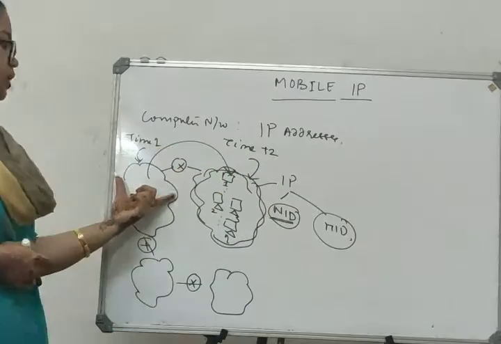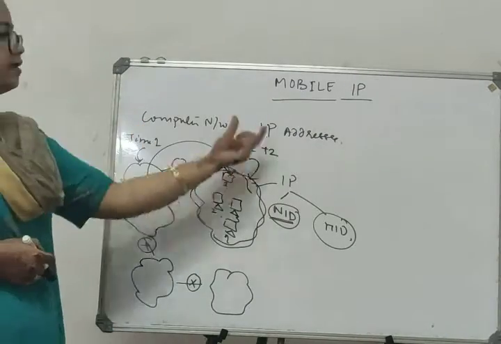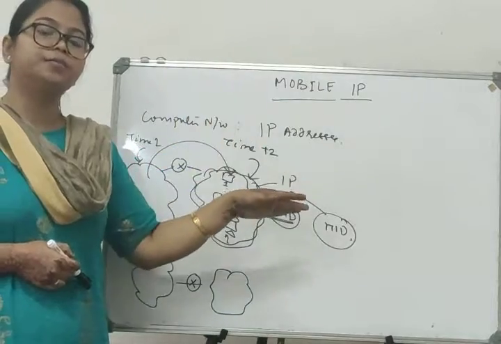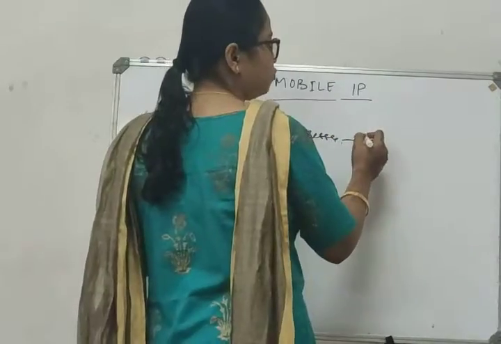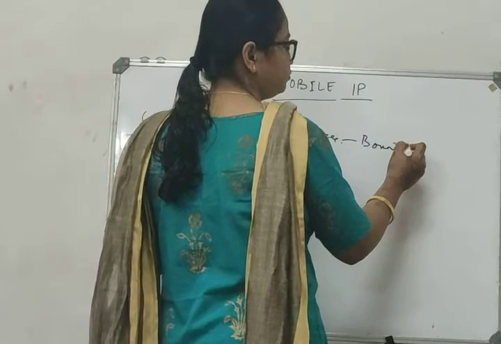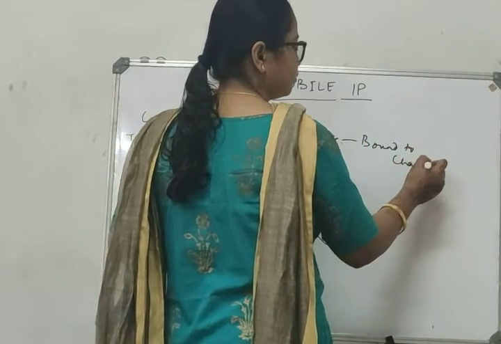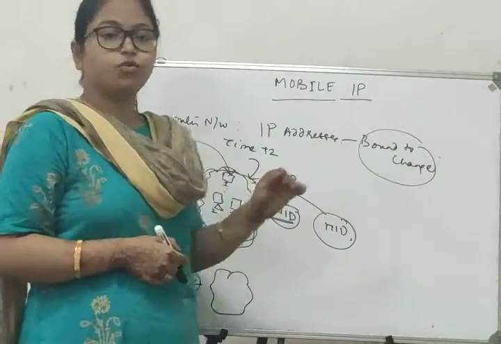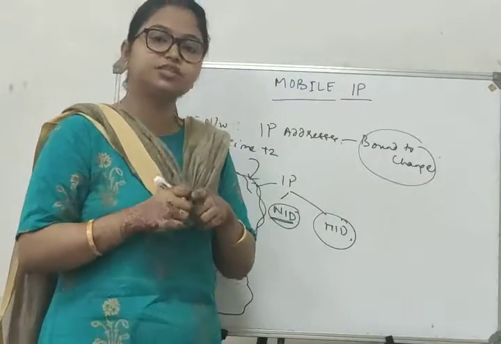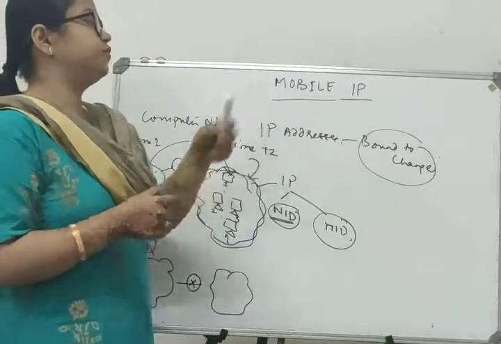At one time it belongs to one network, and at another time to some other network, so the IP address is bound to change. In that case, what comes to the rescue? How can we establish communication seamlessly? That is achieved by mobile IP.